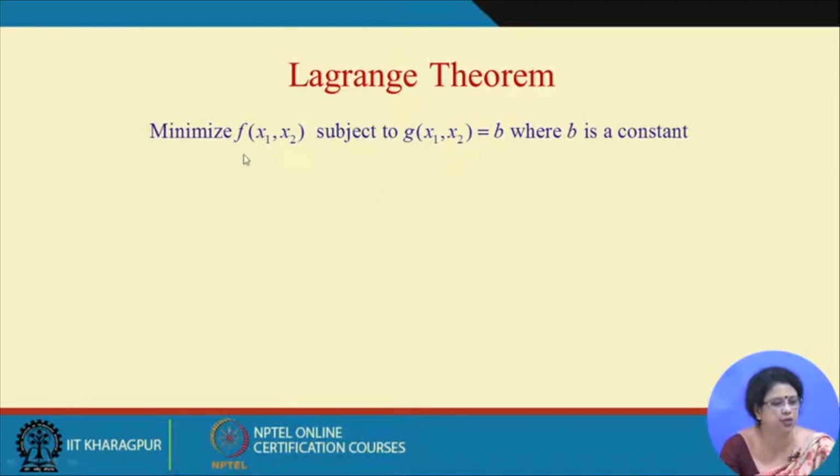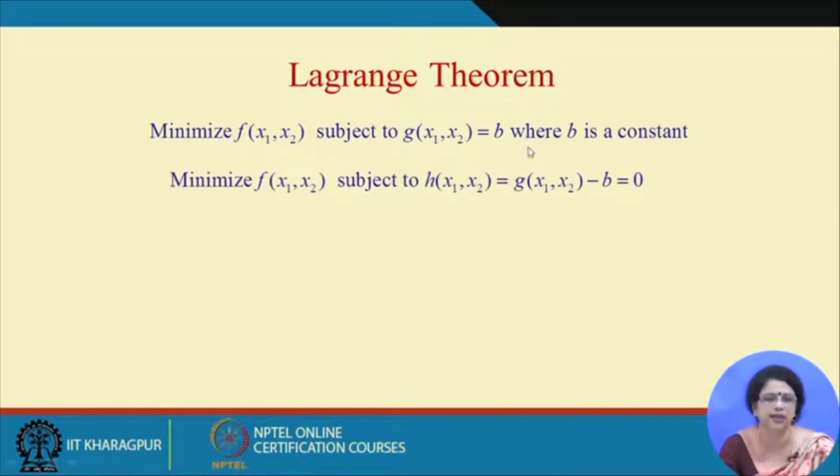Here the functions f and g, only one constraint I have considered, and these are of nonlinear type and b is a constant. Then we can make this minimization of f(x1, x2) subject to h(x1, x2) equal to g minus b equal to 0. There is no harm in doing it, because just subtracting b from both sides we can get it.